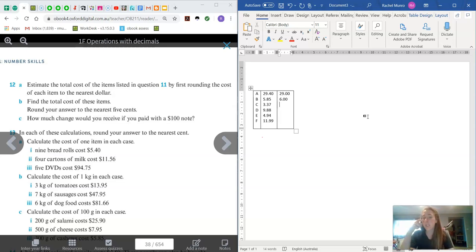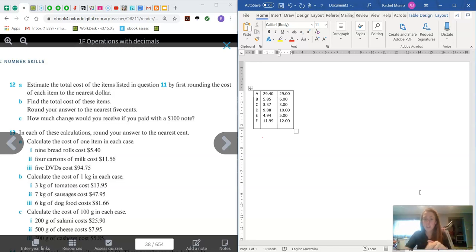It's 37, so we round down to $3. $9.88, 88 cents, is above that 50 cent threshold that we talked about, so we're going to round up to $10. $4.94, again above that 50 cent threshold, so we're going to round to $5. And $11.99, well, we only have to add one more cent and we're going to be at $12, so we round up to $12.